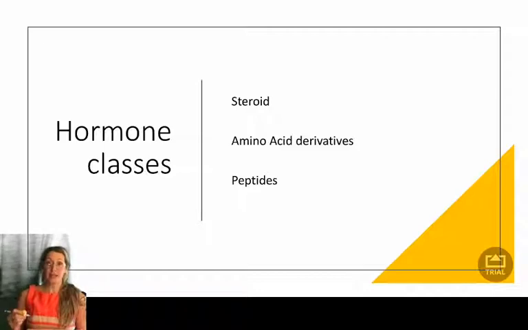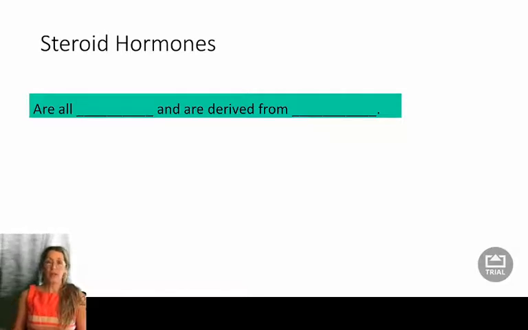There are three classes of hormones, and we're going to step through each of these. There are steroid hormones, amino acid derivatives, and peptide hormones. We've already discussed this in previous lectures, so try to recall something that we've already learned. Steroid hormones are all what?